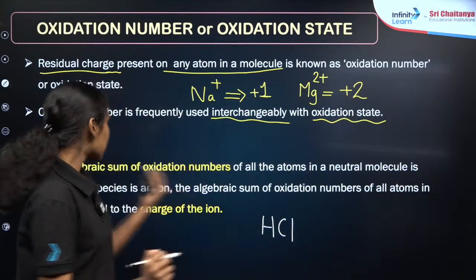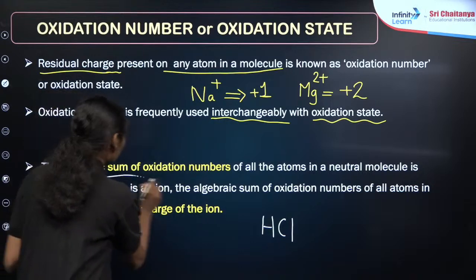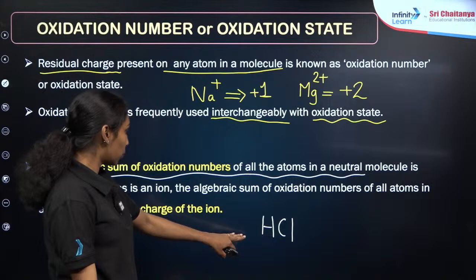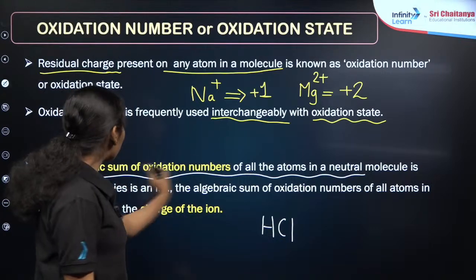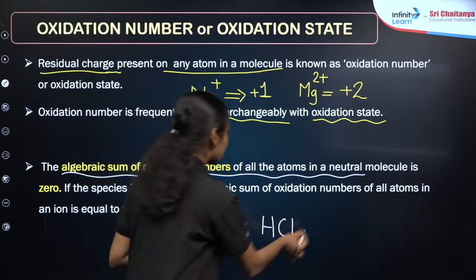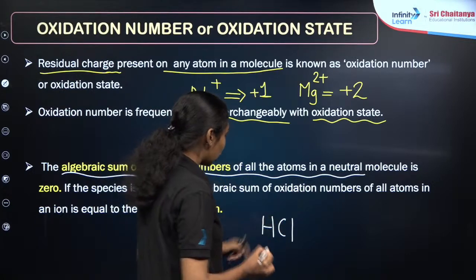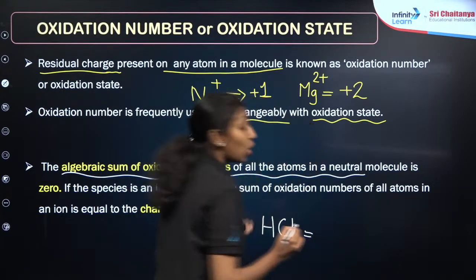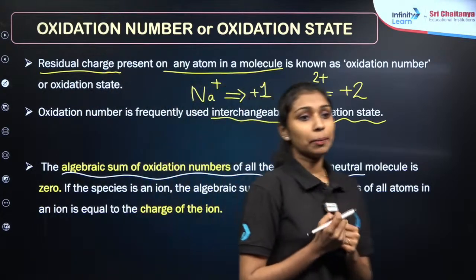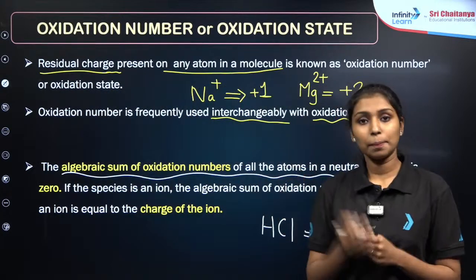The algebraic sum of oxidation numbers of all the atoms in a neutral molecule is taken as 0. HCl is considered a neutral molecule. What do you mean by algebraic sum? The sum including signs, plus and minus.